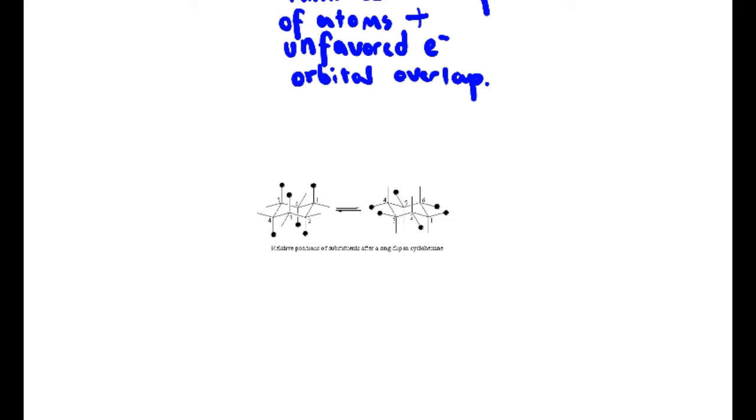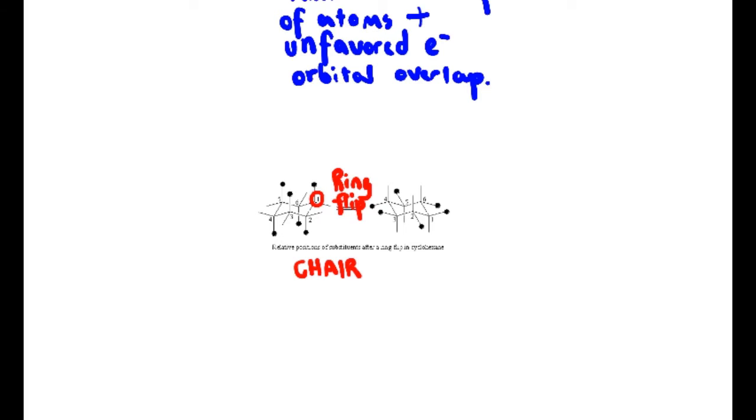If we look at the location of the atoms within the ring, specifically if we start with carbon number 1 here in the upper right, by definition, when we do the ring flip to give the second possible chair conformation, by convention that carbon number 1 is going to come down to here. So we're basically moving everything by one spot in the clockwise direction by doing the ring flip.